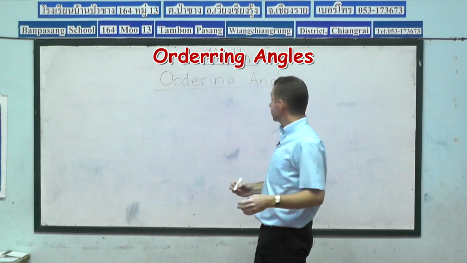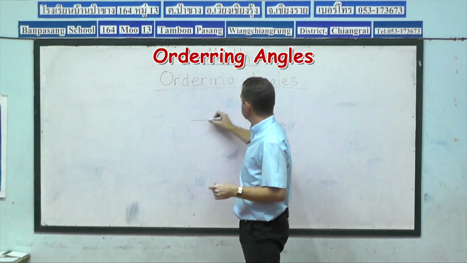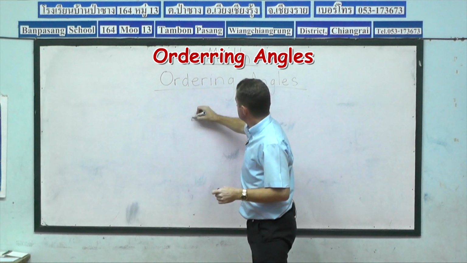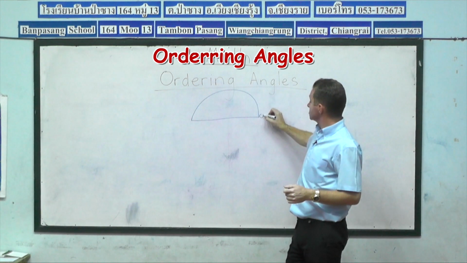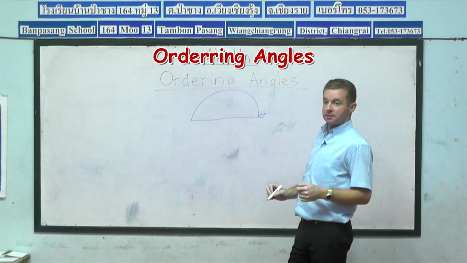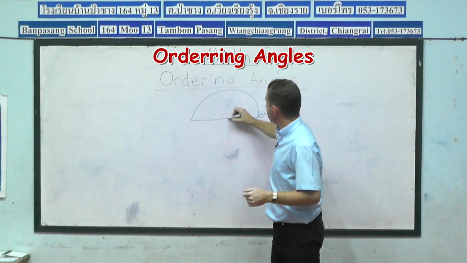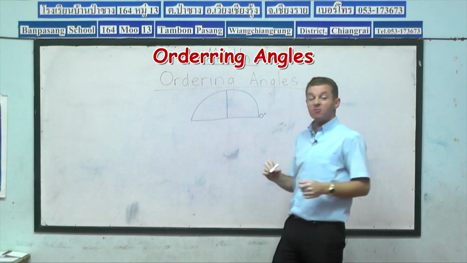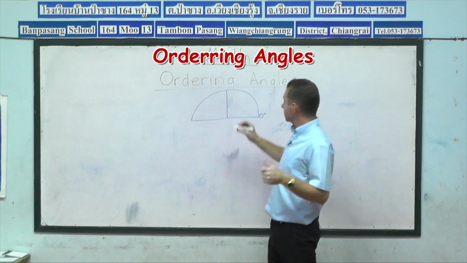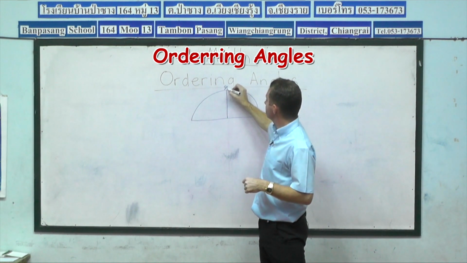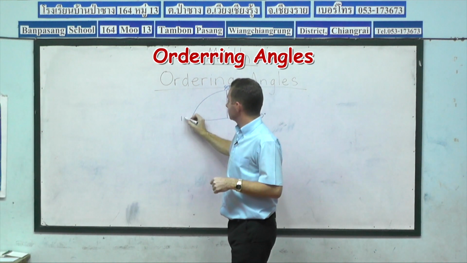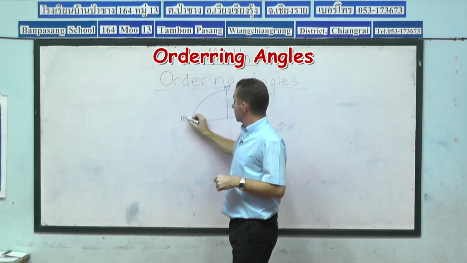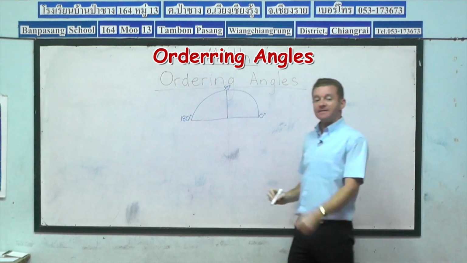And as we know by now, a protractor looks something like this. A protractor will begin on 0 degrees. And then, when we reach the right angle in the middle, how many degrees for the right angle? 90 degrees. Well done, guys. Well remembered. And then it will go along to the straight angle, which is 180 degrees.